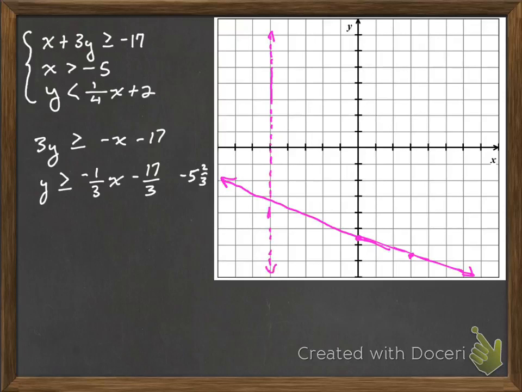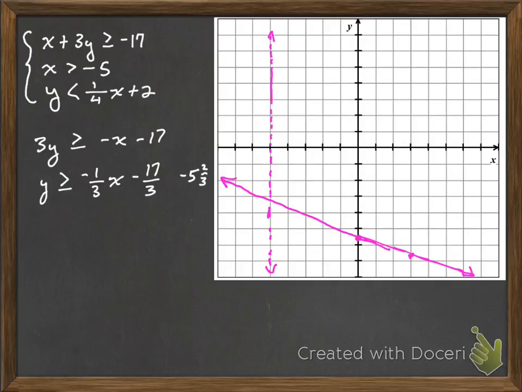And on this one, there's no above or below, so greater than is going to mean to the right. So we would be shading everything to the right of -5. So right now, the overlapping area is everything above this line and everything to the right of this line, so that would be this region right here.